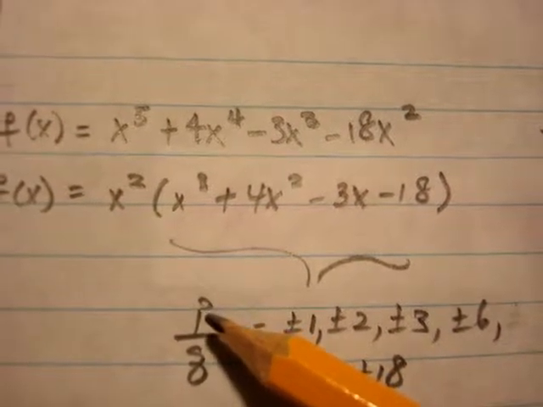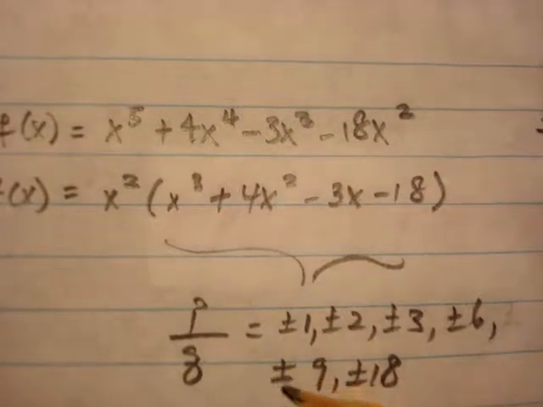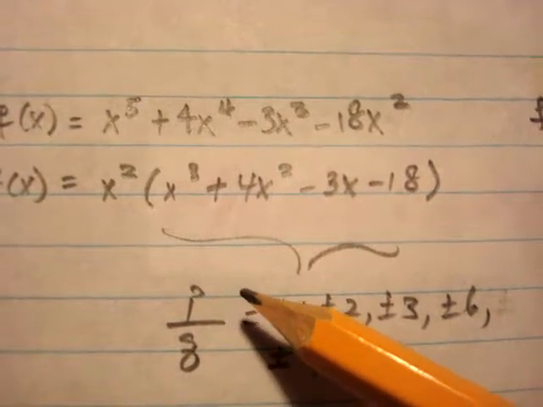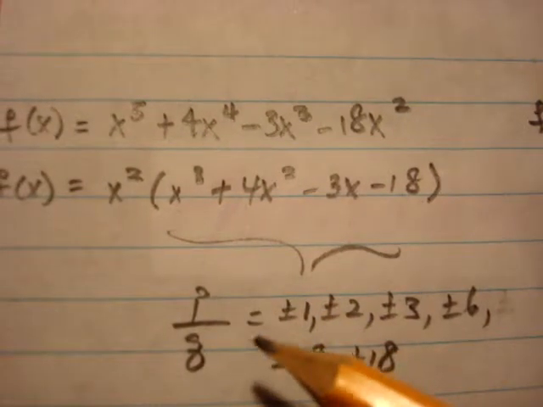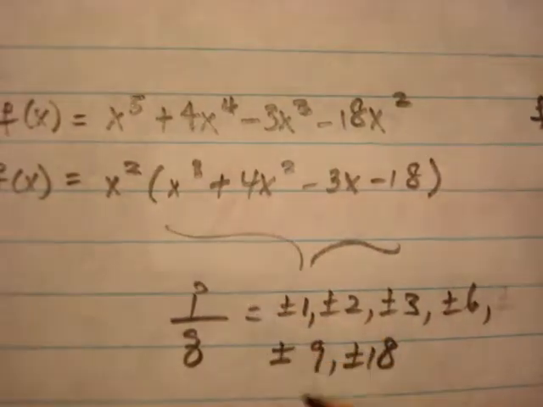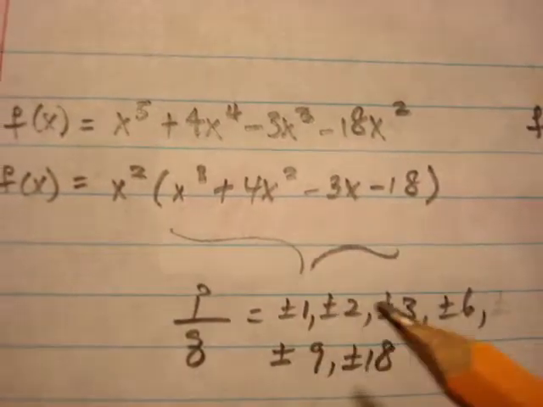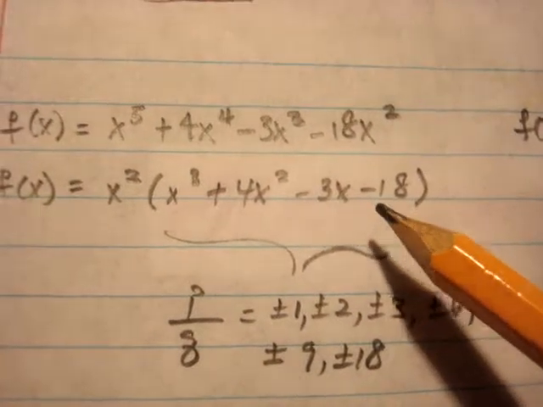When you take p divided by q, the answer will be the same as the p, because whatever number you divide by 1 is the same number as the numerator. So these are the possibilities for this expression.